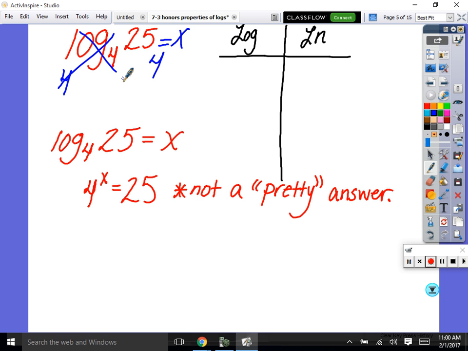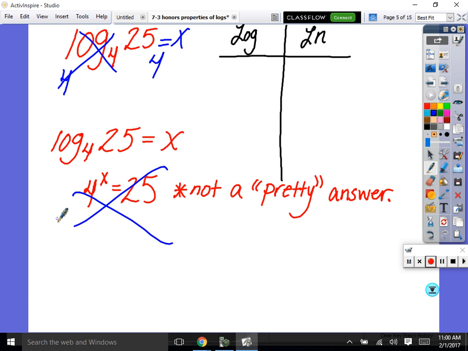That canceled out, so we have 4 to the x equals 25. 4 to the first power is 4, correct? 4 to the second power is 16. 4 to the third power is not 25. So do you see how it's not a pretty number? It's not an easy answer. It's not a perfect solution. So we would not evaluate it this way.